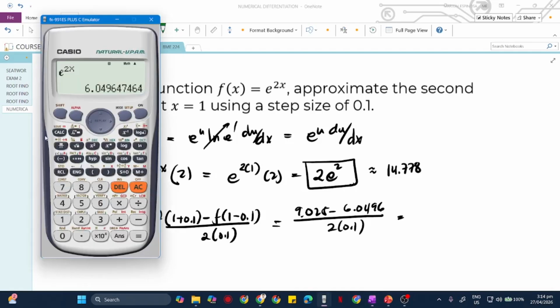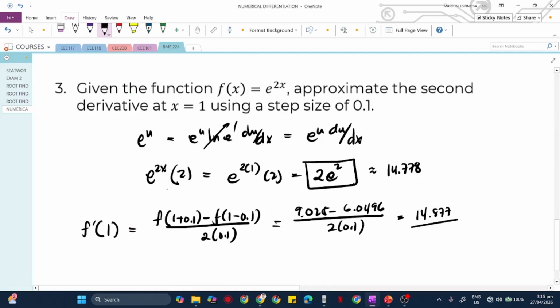Okay, sagot nito equivalent sa 9.025 minus 6.0496 all over 2 times 0.1, and that is equivalent to 14.877.